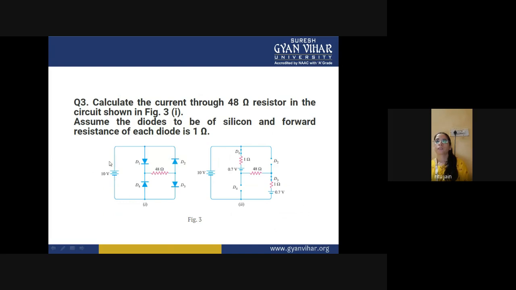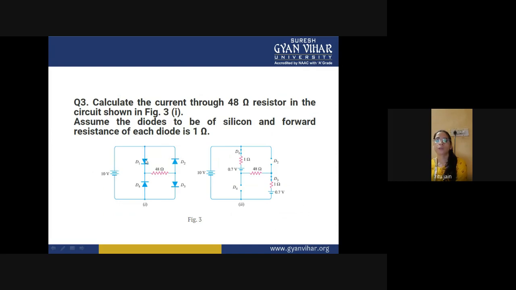Okay. So there are four diodes, D1, D2, D3 and D4. Diodes D1 and D2 are connected in anti-parallel, like this. D3 and D4 are also in anti-parallel. If you see from this diagram, the supply voltage terminal here is positive and this terminal is negative.